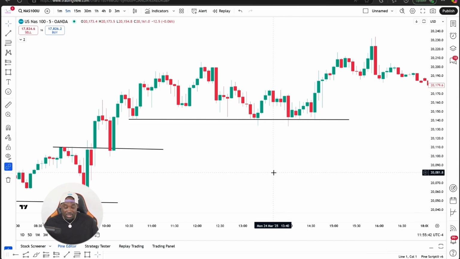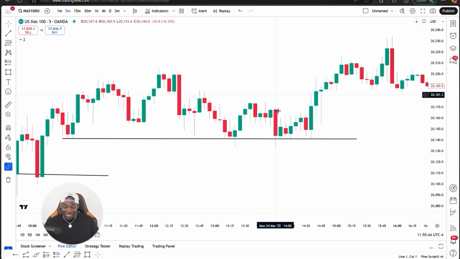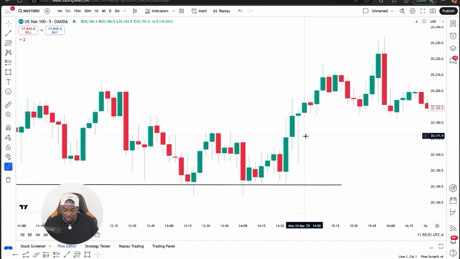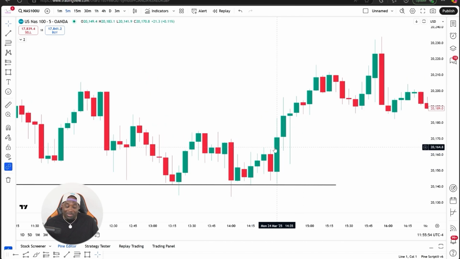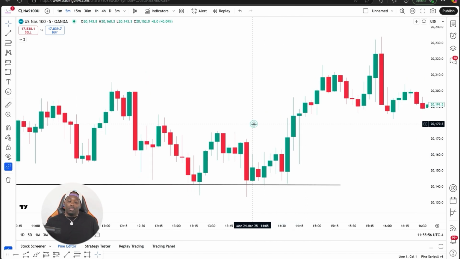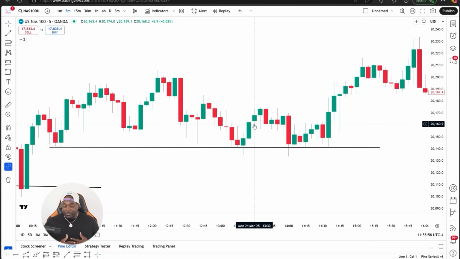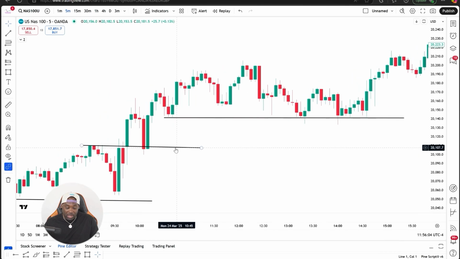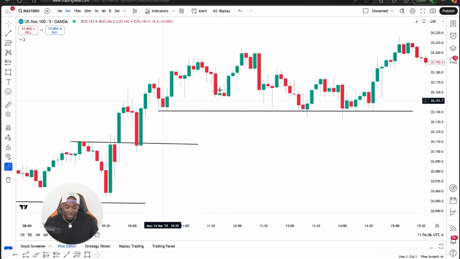Another good confirmation is when you have a lot of selling, and then all of a sudden you have a green bar wiping out that selling. So right here we have a lot of selling, and then all of a sudden that green bar just wiped out that selling. To me, these different types of confirmations are very good. Even just getting in when you see a nice solid green bar closing right at its high.